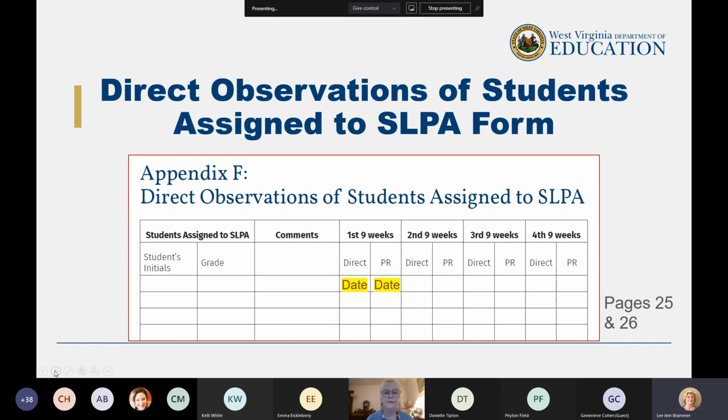And then you can see this is divided into 4 9-week periods. So for every 9 weeks, you need to directly observe all the students who are listed on the SLPA's caseload. And then the PR stands for progress report. Remember, we talked about how the SLP needs to review all the progress reports that the SLPA has written.